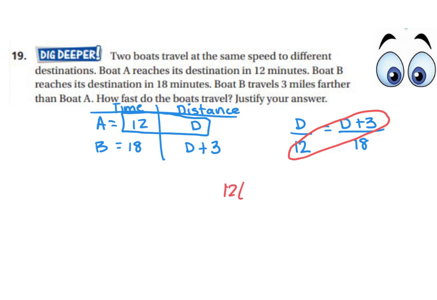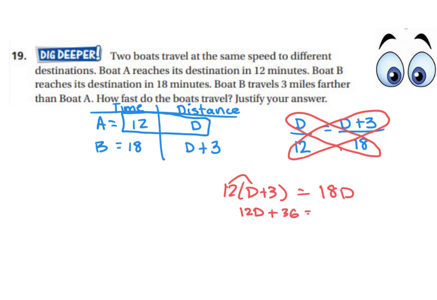12 times D plus 3. And here we get 18D. We'll distribute, and we get 12D plus 36 equals 18D. We're going to take away 12D from both sides.